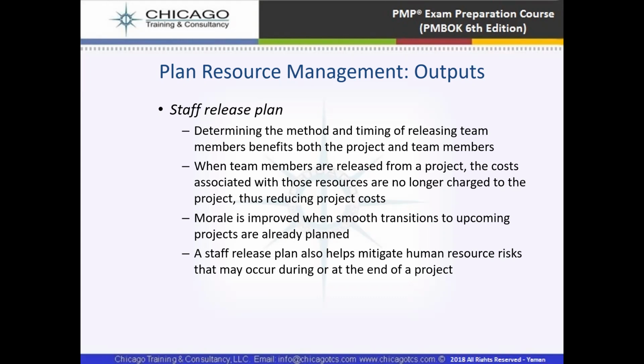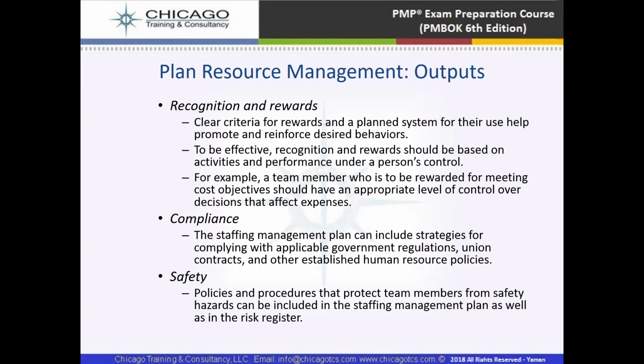And then we have recognition and rewards to our team members, which shows us clear criteria to help promote them, to reinforce them, to recognize them, so that their morale will be improved in terms of rewards and recognition.